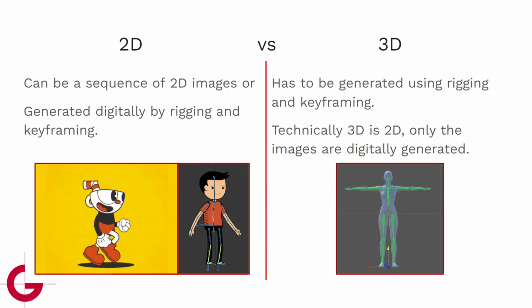Whereas in 2D animation, you can draw each frame manually and then play the frames one after another. Or, of course, you can generate digitally using rigging and keyframing. But in 3D, you cannot draw 3D on a 2D surface, so it has to be digitally generated.